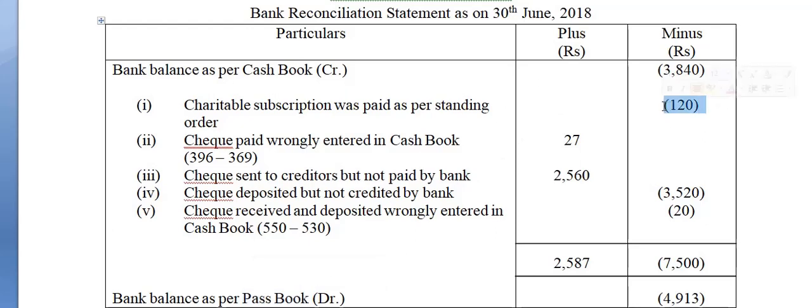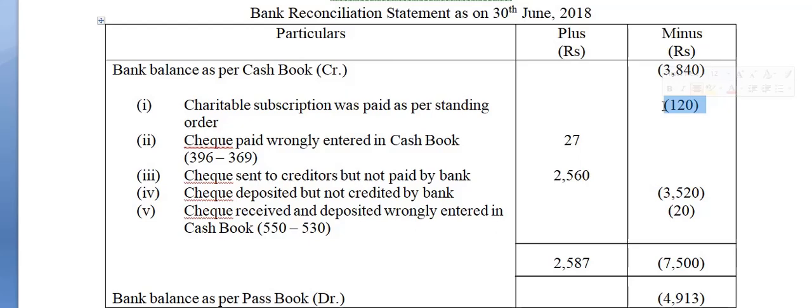Why? Because according to your standing order, bank has paid the amount, just like from our account every month EMI gets deducted. Why does it get deducted automatically?